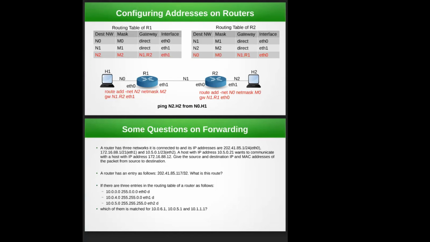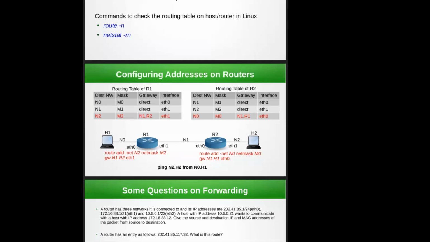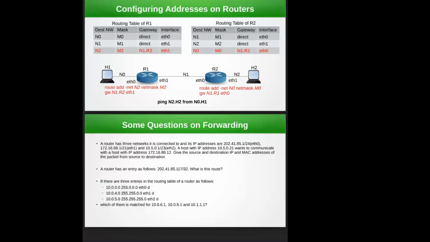So what did I say? That's what is a host specific route. A host specific route has all the bits set to one in the net mask. So when you see a route of this sort, you know that it's a host specific route. That's what you have to say.